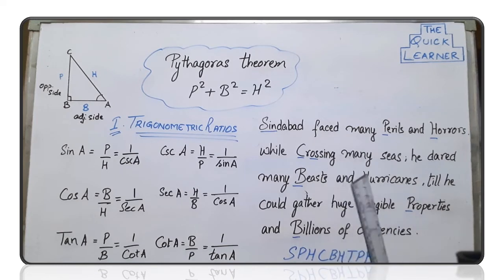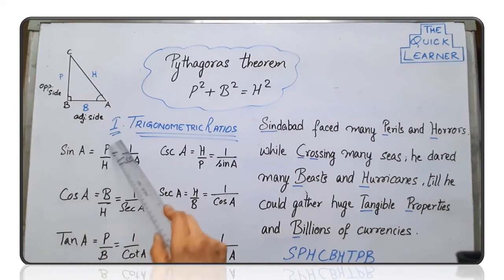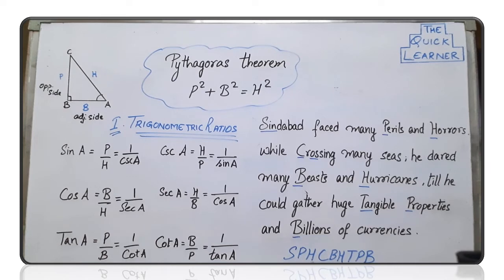Well, there are two methods. One, either you directly write the first letters of all, that is SPH, CBH, TPB. SPH, CBH, TPB, right? Or you can learn this sentence. You have heard about the Sindbad story, right? So Sindbad faced many perils and horrors while crossing many seas.